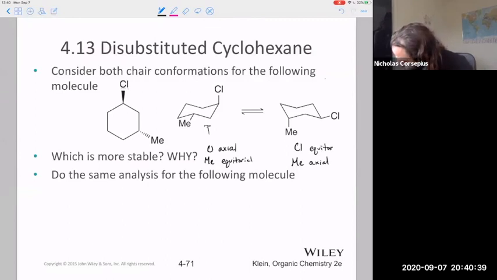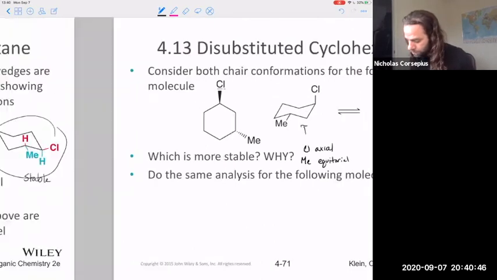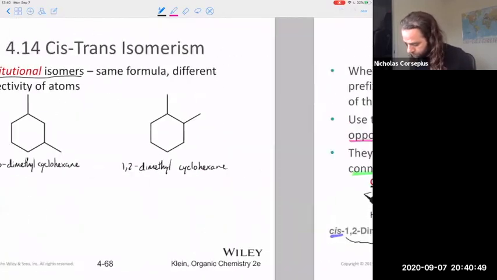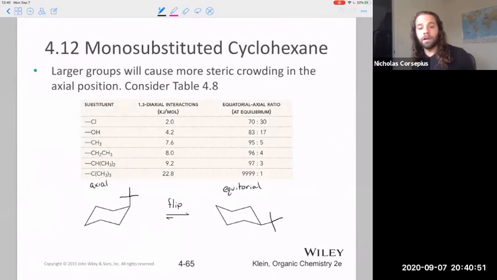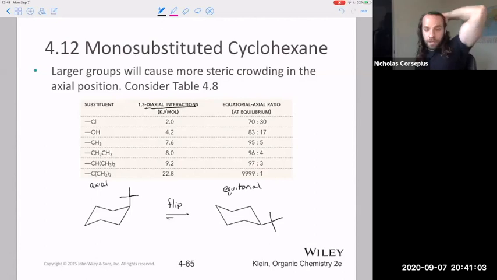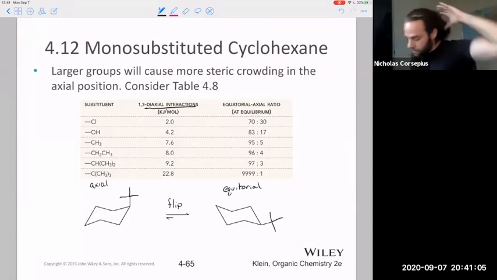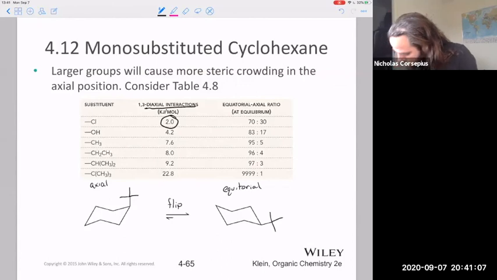So which one would be better? For that, we actually have to go back to this table here and see which one's going to have a higher energy penalty for being in that axial position. In terms of the axial interactions, the energy penalty for chlorine is 2 kilojoules per mole versus 7.6 for the methyl group.